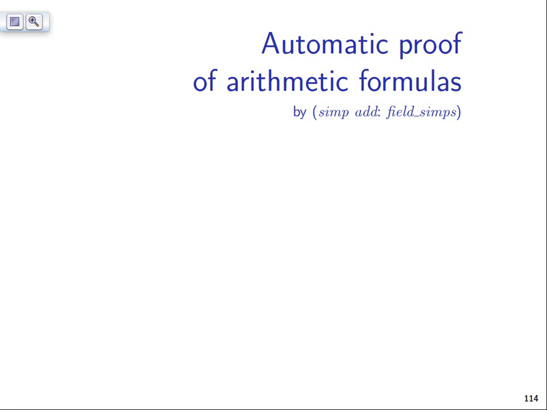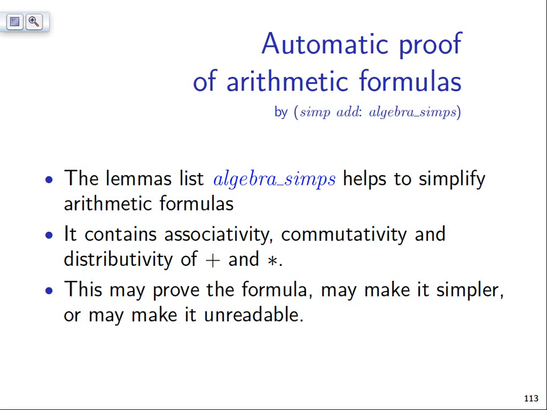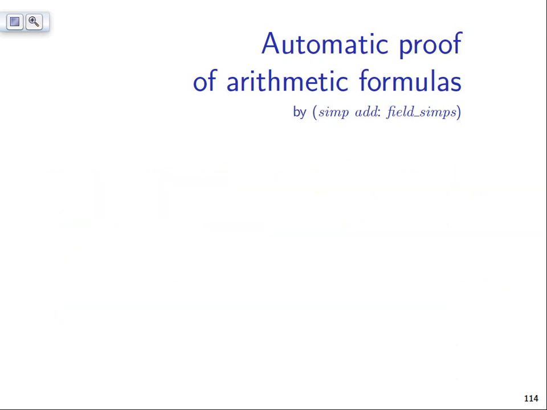And you can also simplify formulas not just about rings. Algebra sims basically goes up to rings, but that means you don't have any inverse operation for the multiplication. You have no division. If you also have division, then you can ask to simplify with respect to field sims, which is a more extended set of simplification rules.